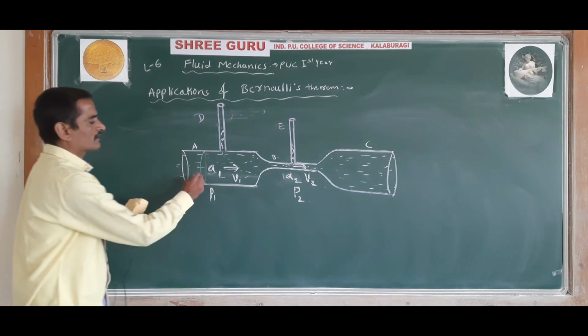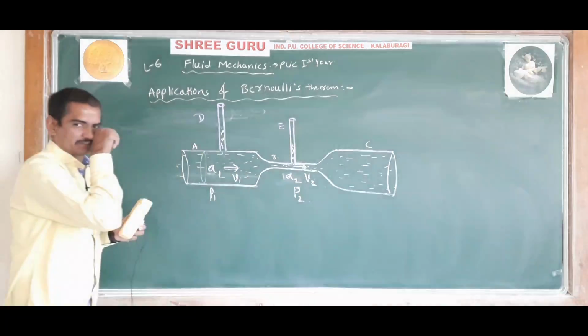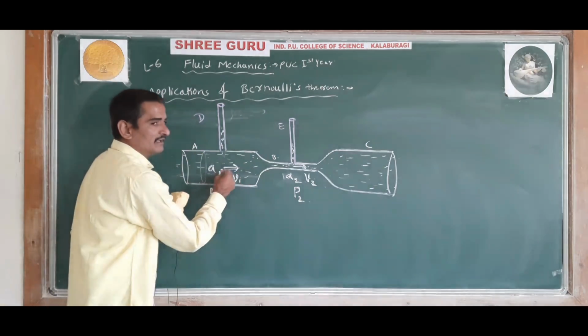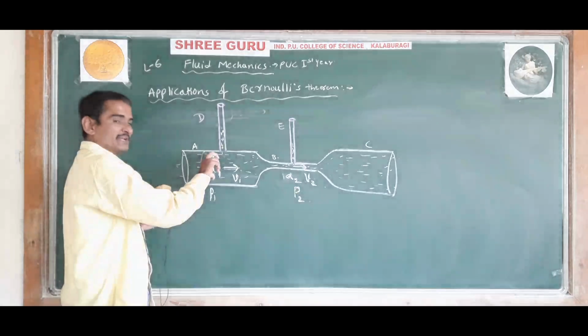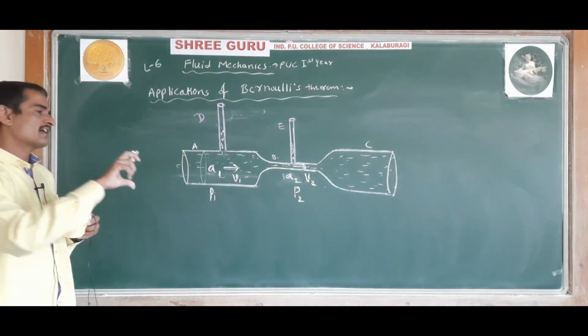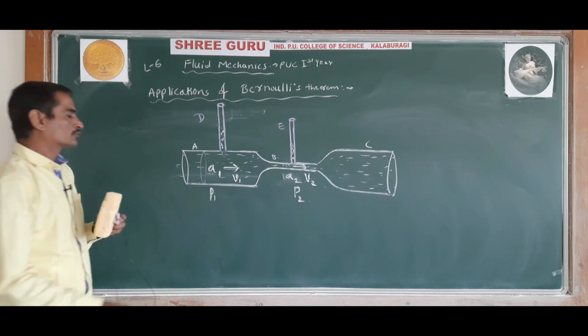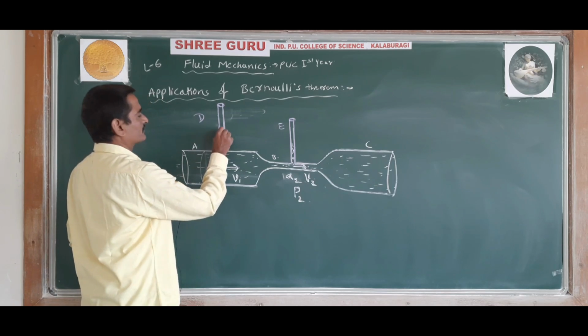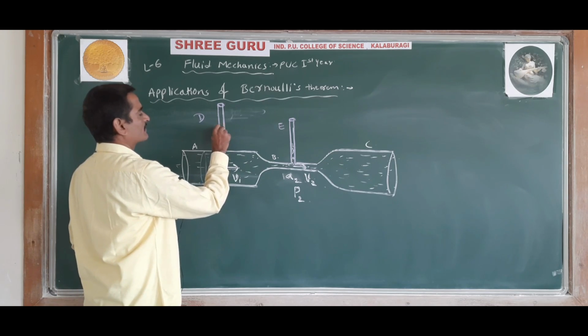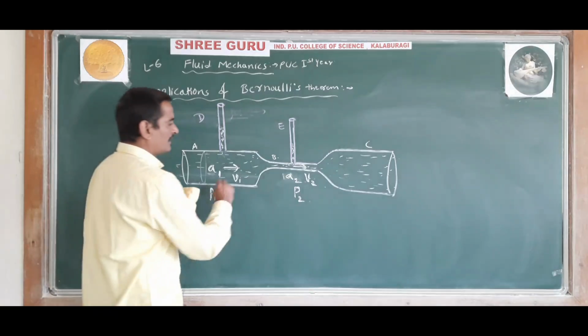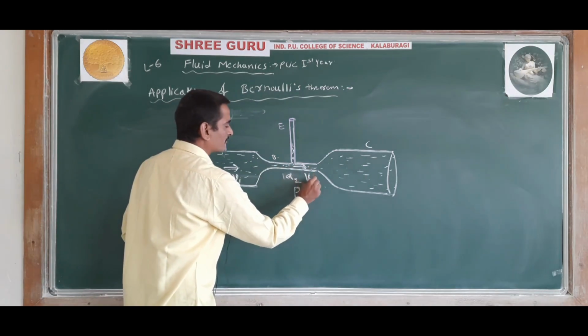Here the velocity of the liquid will be less because the area of cross section of the tube is more, so the pressure P1 will be more.